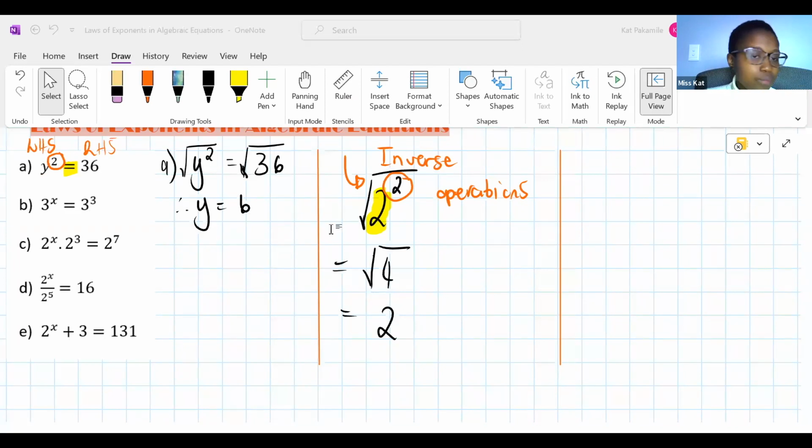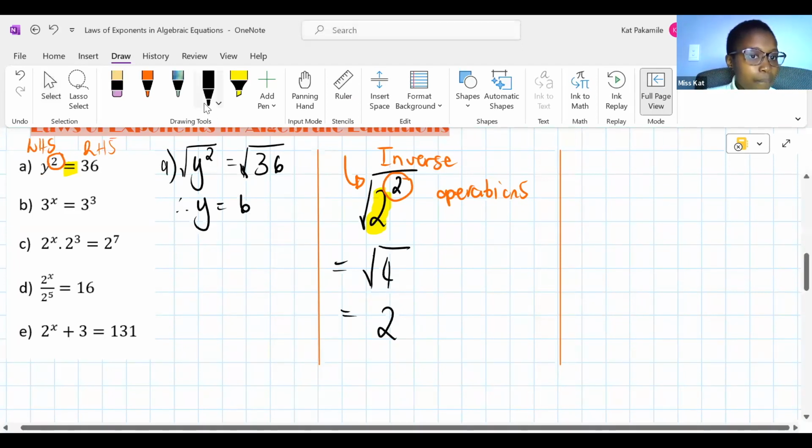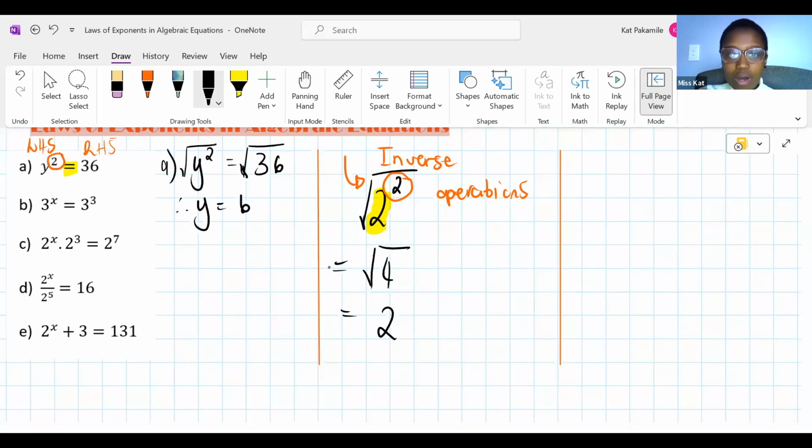Ma'am, I do not understand how we got the answer 6. Okay, do you understand that the square and square root are inverses or opposites of each other? Yes, ma'am. So that's what we did, okay? If we have y squared, we want to get rid of the squared, right? We want y to be on its own, right?